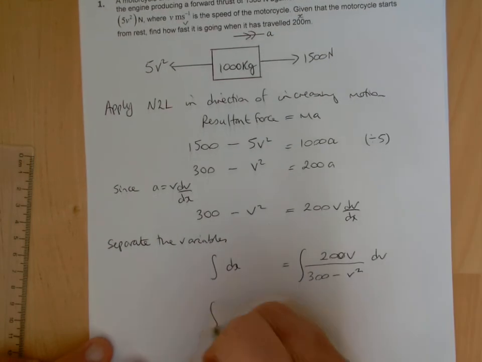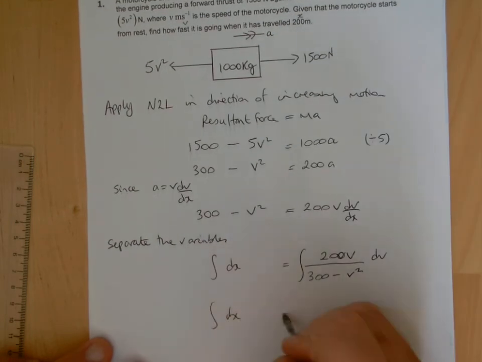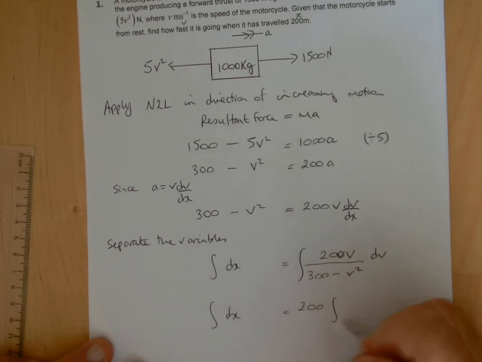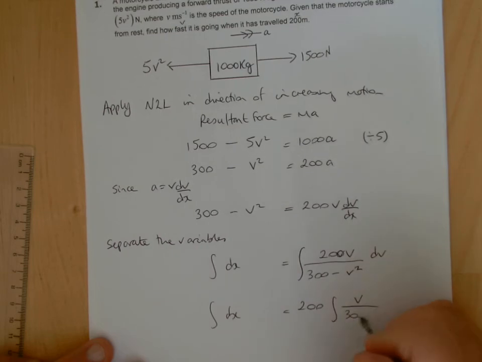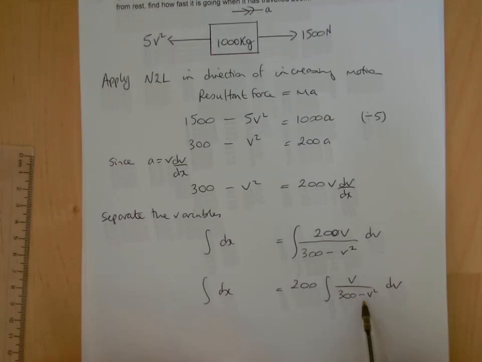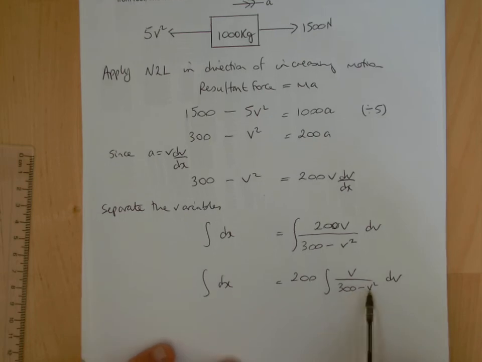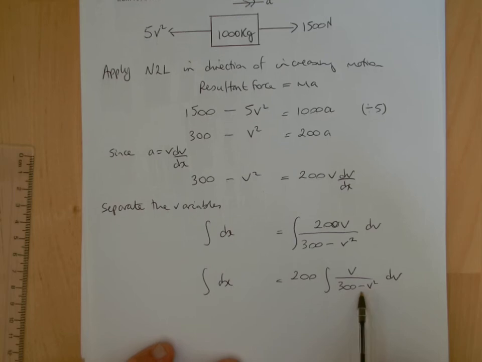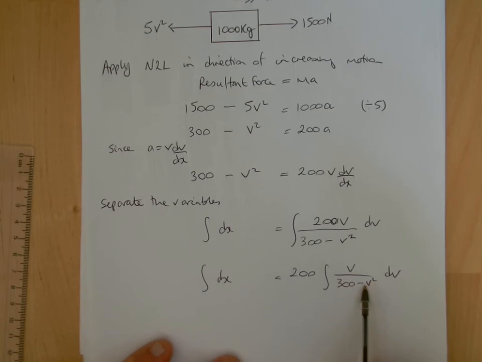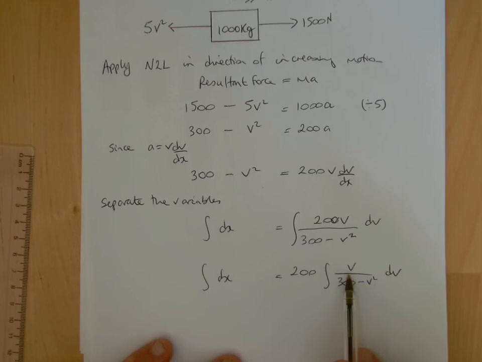Now one thing we could do is take out the 200, and then we've got to decide how we're going to integrate this. It goes back to the fact that if you differentiate the bottom, you get the top, so you end up having ln of the bottom. When you differentiate the bottom, you get minus 2v, but on the top you'd want minus 2v, and that isn't the case.